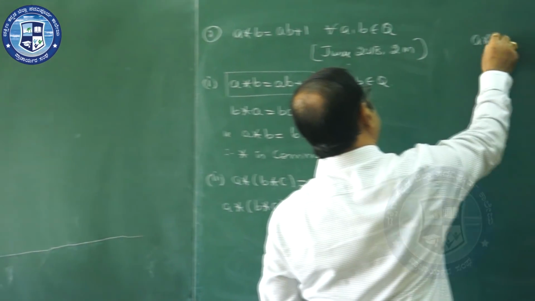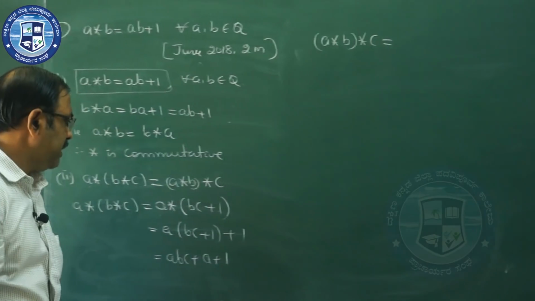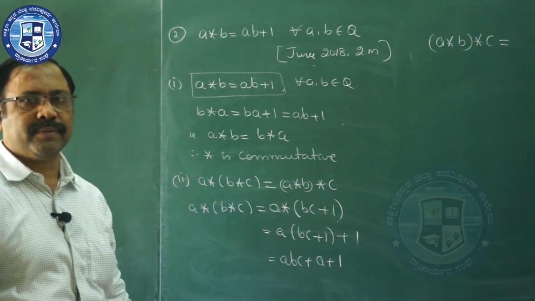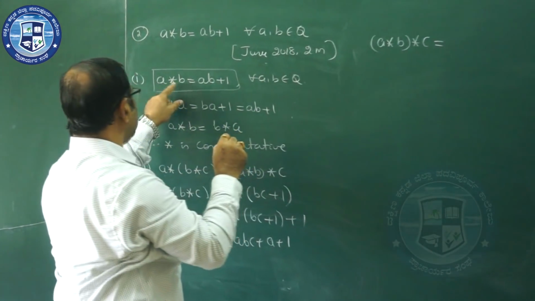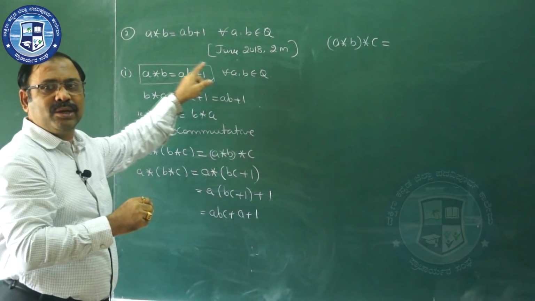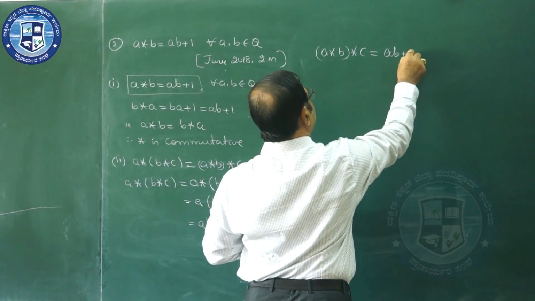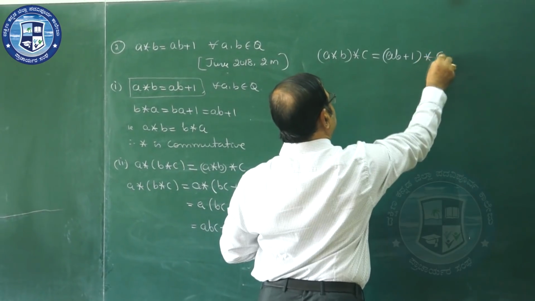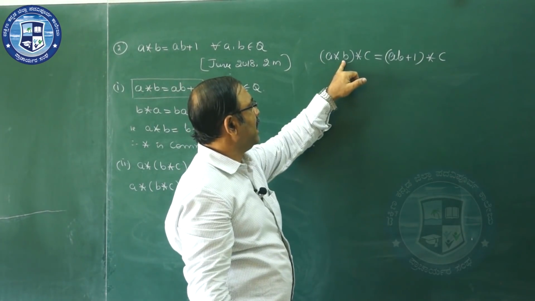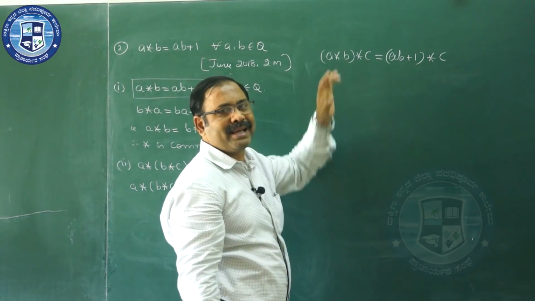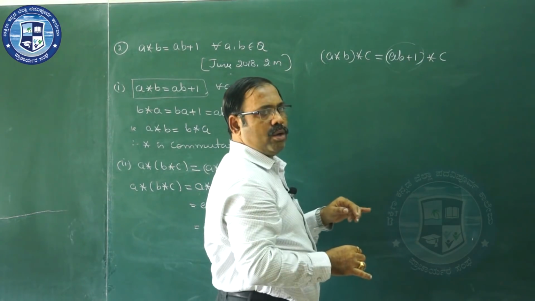Then, we write (A star B) star C. What is this? Tell me what is A star B? A into B plus 1. So this is nothing but (AB plus 1) star C. Now look at this.